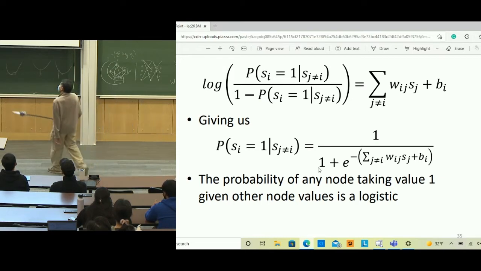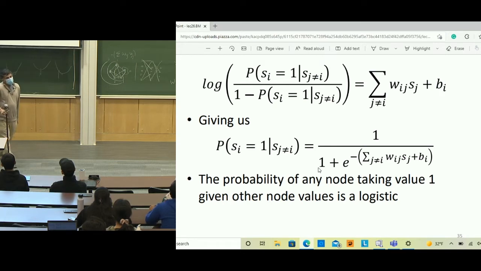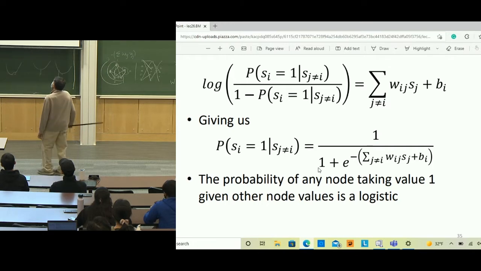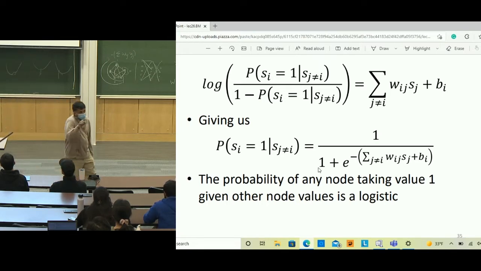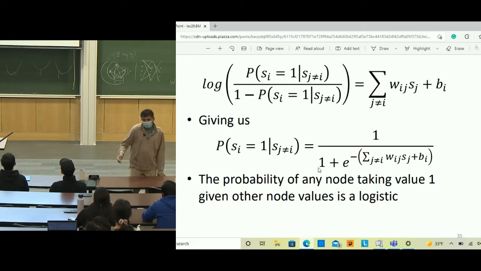It turns out that the probability that a bit takes the value 1, given all the remaining bits, is simply 1 over 1 plus e raised to minus of this term. Now, is this equation looking familiar to you guys? This is your standard sigmoid, right? This is your softmax, for instance.